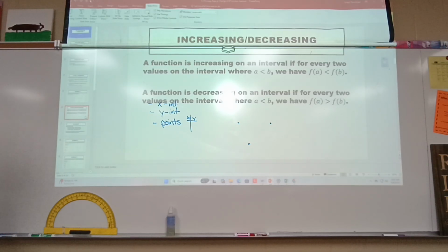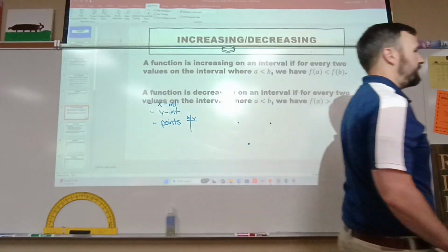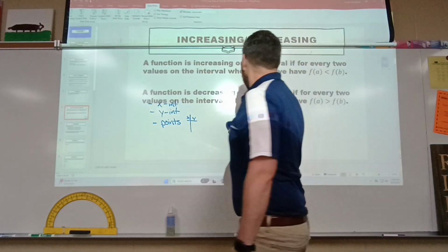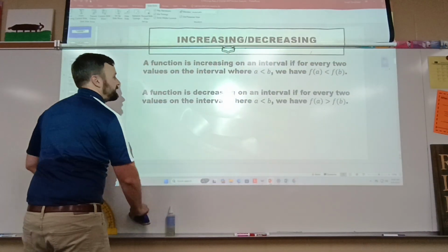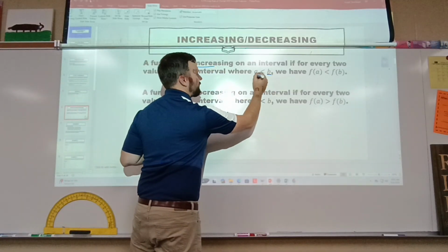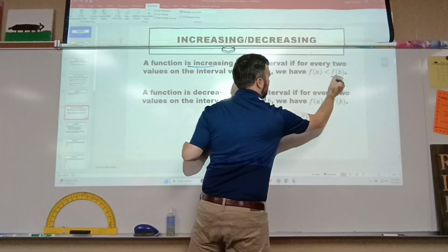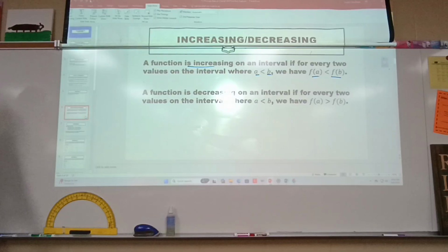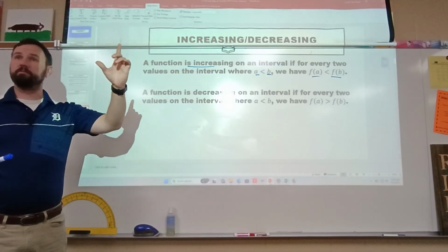This is the technical definition for increasing, decreasing. I'll never expect you to have this memorized. All it's saying is if something is increasing, if B is bigger than A, then F of B is bigger than F of A. If it's increasing, the bigger my X, what should happen to my Y? It goes up.